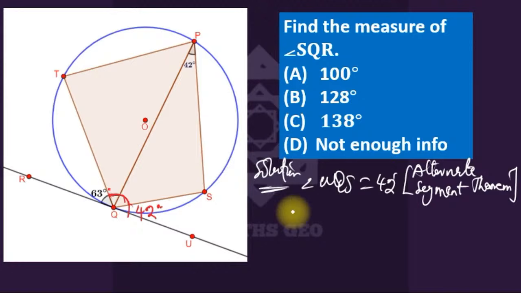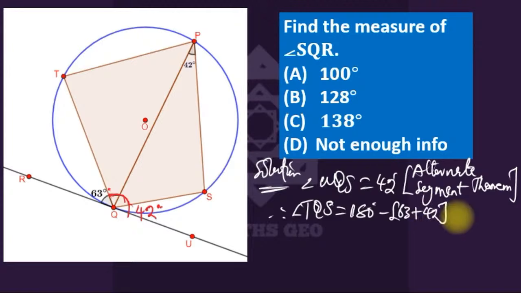Therefore, we see that angle TQX will now be 180 minus the sum of 63 and 42, by angles on a straight line.